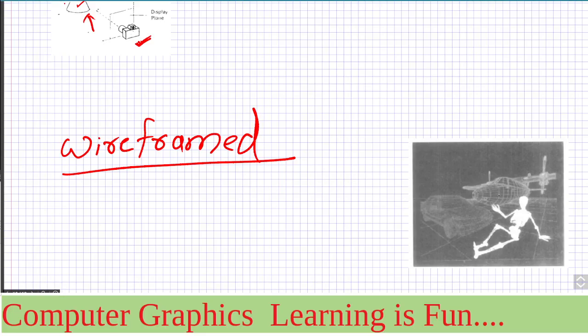How it looks is a different thing, but we are trying to understand how it can be displayed. So this is the outline given. Having this outline may not be that realistic, however it will give you an overview of the object.